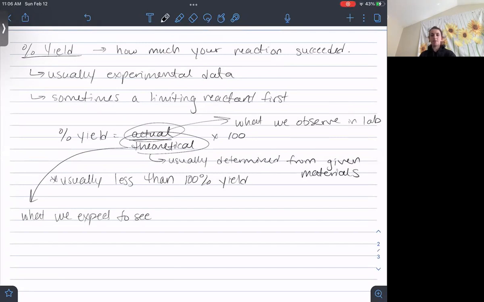Any questions on the differences between actual and theoretical yield?